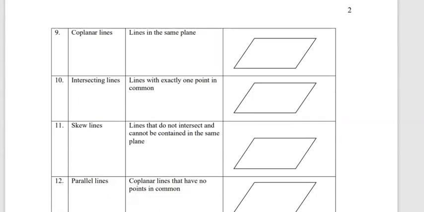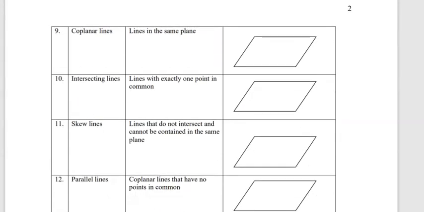And then I'm going to finish with one more definition, and then the next video will pick up with definition 10. So coplanar lines are lines that are within the same plane, and they could intersect each other. They don't have to. They will, and we'll get into that in the next video.